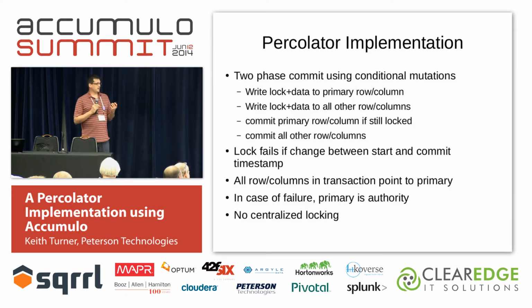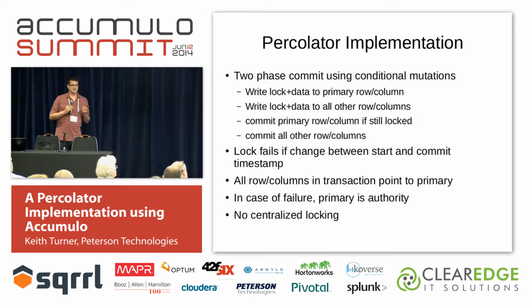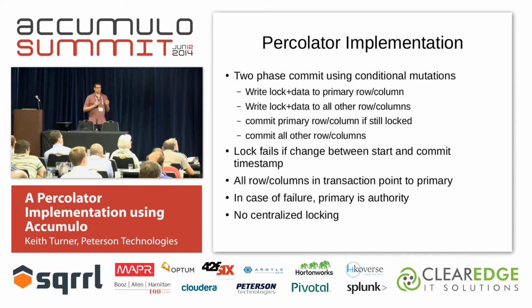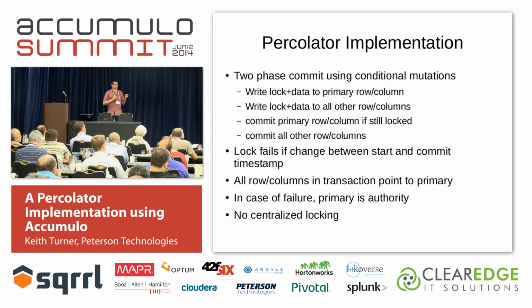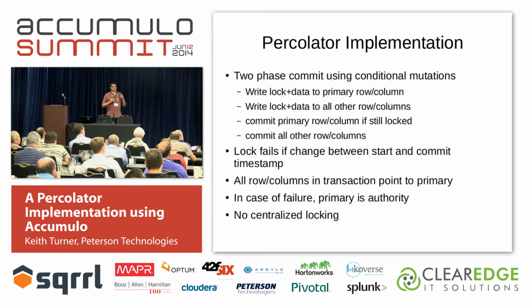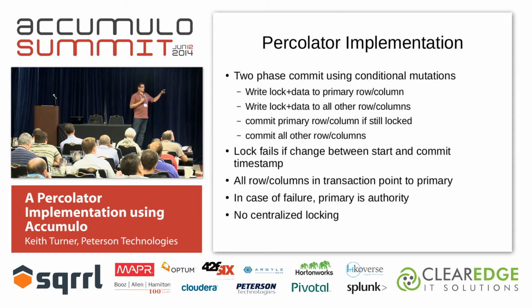So the way lazy rollback works is it uses this primary column. If this transaction fails, all the row columns point to the primary column. I'm going to show that later. That serves as the authoritative source for rolling back or rolling forward the transaction.